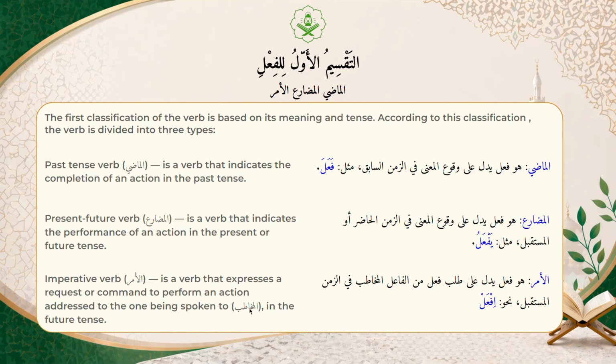Al-mukhatab is the one who's being spoken to, or second person in the future tense. So its form is if'al. Okay, for example. So this is our first classification of verbs.